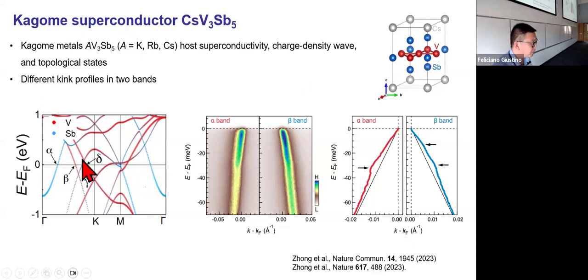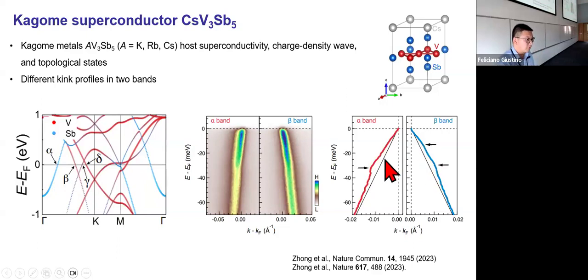So using a similar frozen phonon technique to extract the information would become impossible in these cases. There are multiple bands crossing the Fermi level, but if you focus on the alpha band and beta band, experimentally people have seen different kink behavior. In the alpha band, there's a major kink around 30 meV, whereas in the beta band there is a double kink structure.